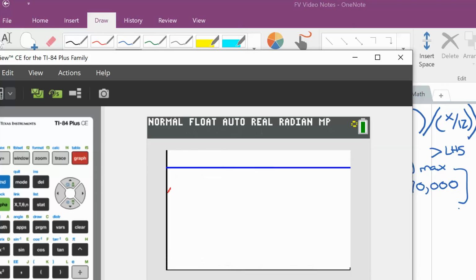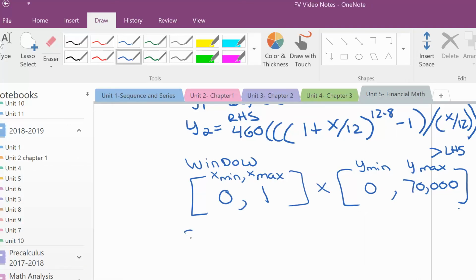So now we hit graph, and notice that you have two lines that intersect. So now you have to find the intersection. Don't just scroll over. You're going to have to go second, trace, intersect, which is number 5, and then hit enter 3 times.